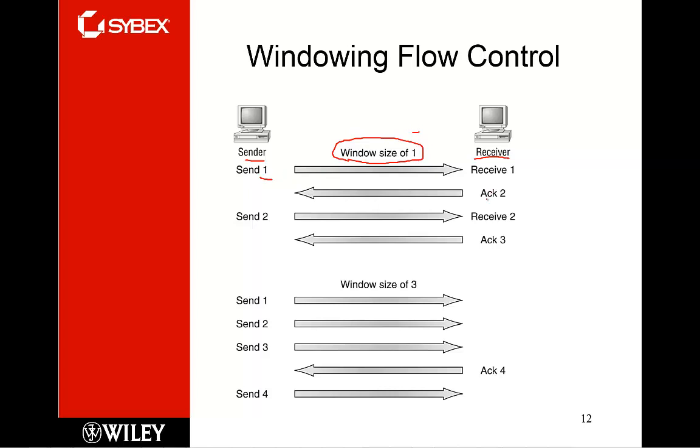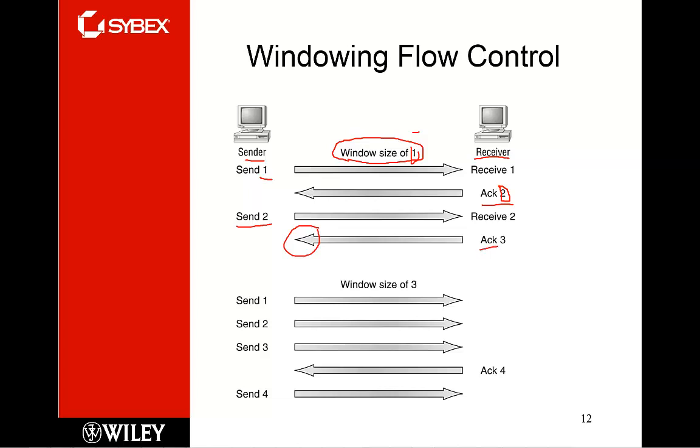It's very patient. And then the receiver says acknowledge, and this is a magic code here too. It says acknowledge, send me 2. And it doesn't mean the number 2 frame. It means send me the second frame. And then the sender will send the second frame. And since the window, again, is 1, it will not send 3 until it receives this, which is what?